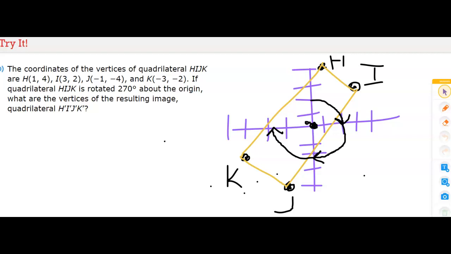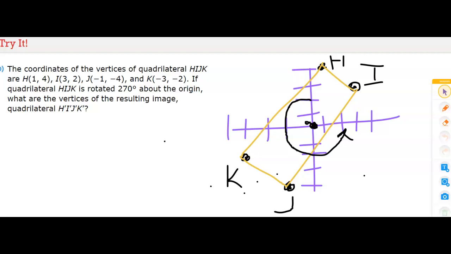If we follow the example and turn this counterclockwise, we'll be going this direction, 270 degrees about this origin.